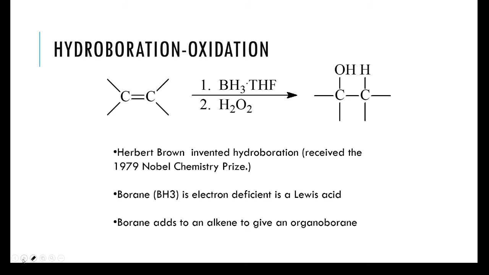So what's so great about it? First of all, borane is electron deficient, so it can accept electrons. Therefore it acts like a Lewis acid. So BH3 is going to be attacked by my electrons.